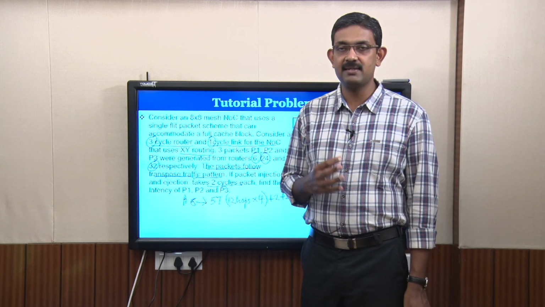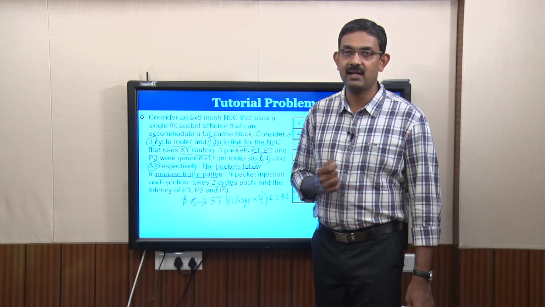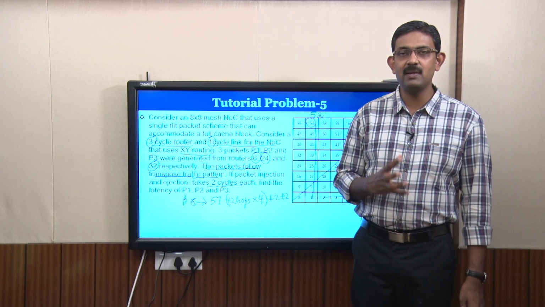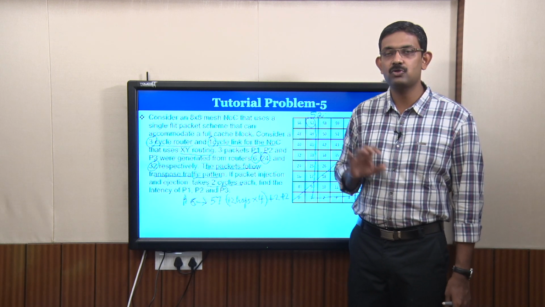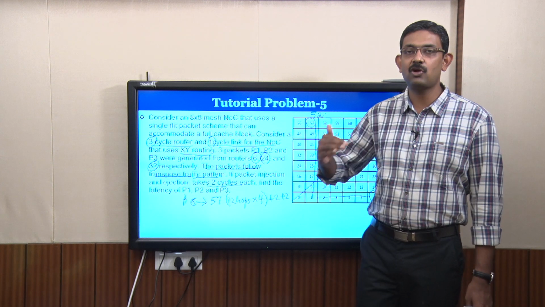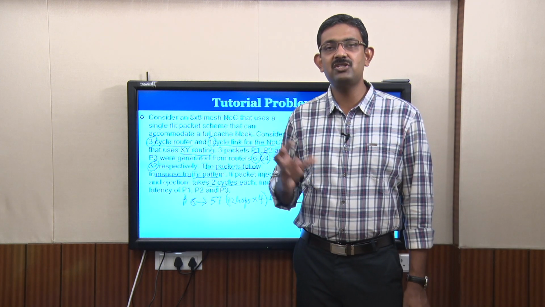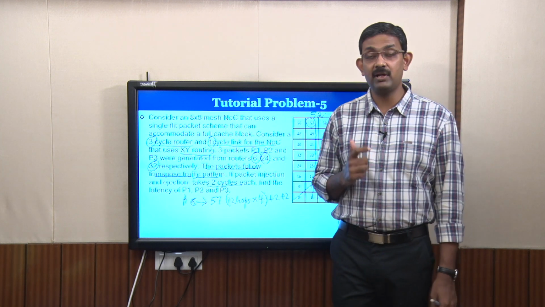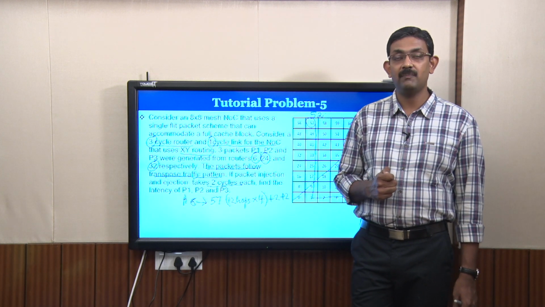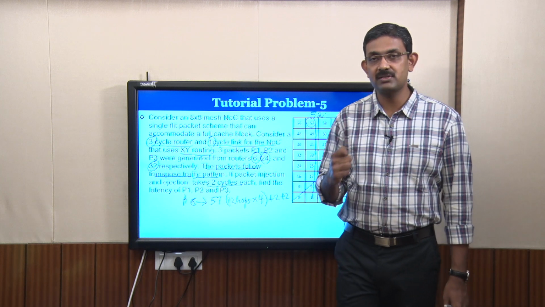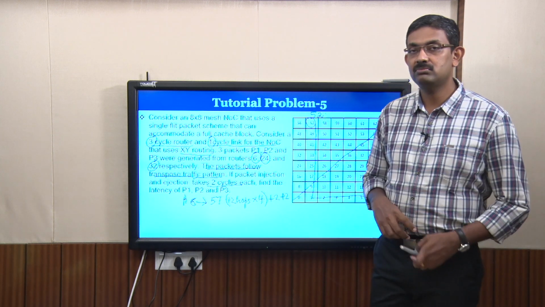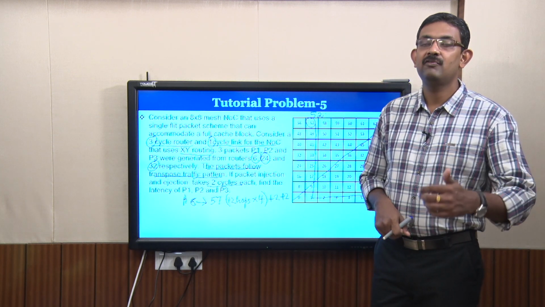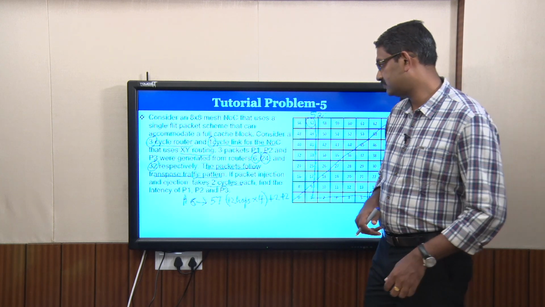Each router will take 3 cycles, each link will take 1 cycle. So, each hop will take 3 plus 1, 4 cycles. So, 12 into 4, 48 is the total hopping time. We have an initial overhead of 2 cycles for injecting a packet. So, 48 plus 2 is 50, plus another 2 cycles at the ejection. So, the overall value is going to be 52 cycles.